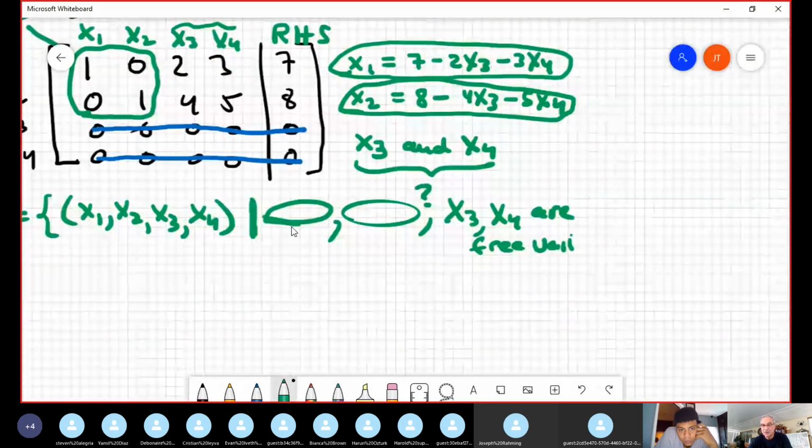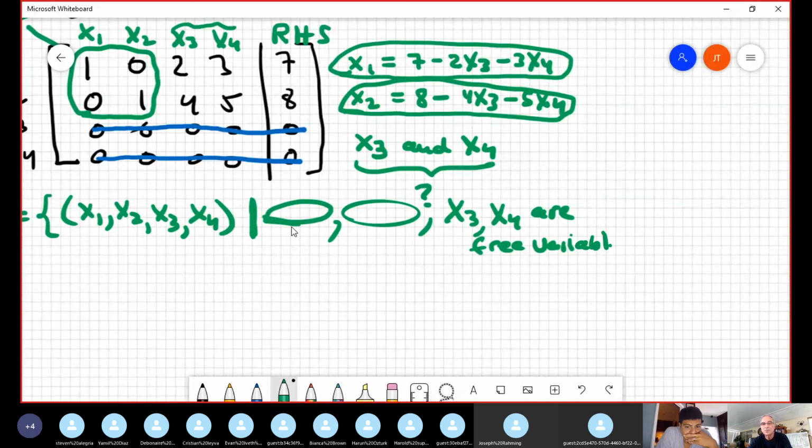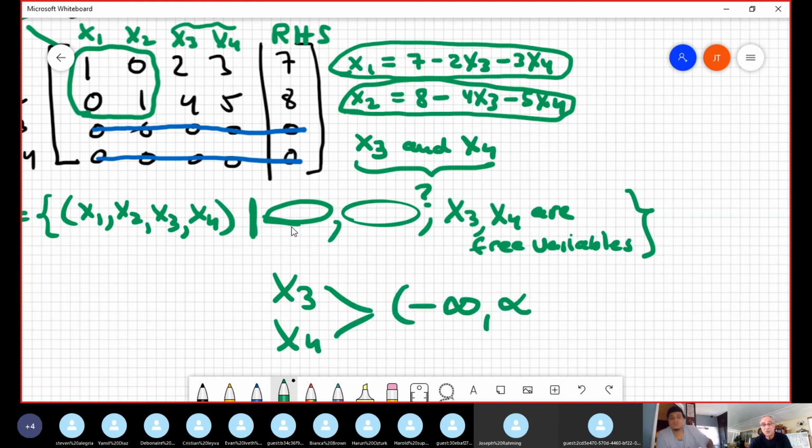In strictly mathematical language, x3 and x4 are real. Do you understand? That means the domain of these is all real numbers. No restriction.